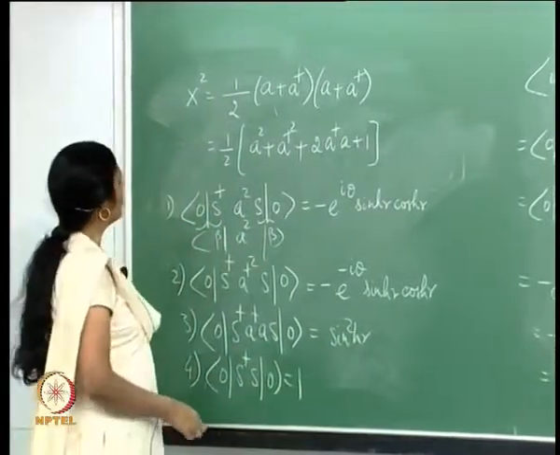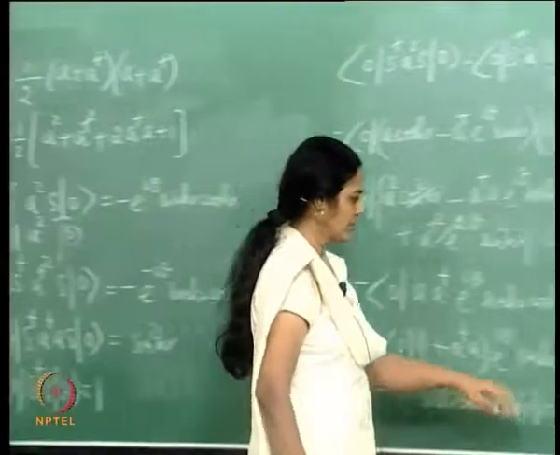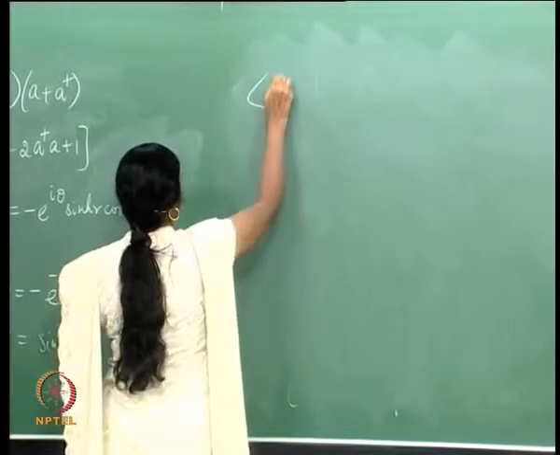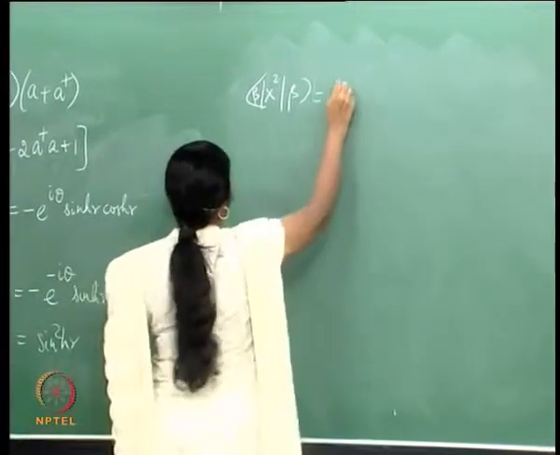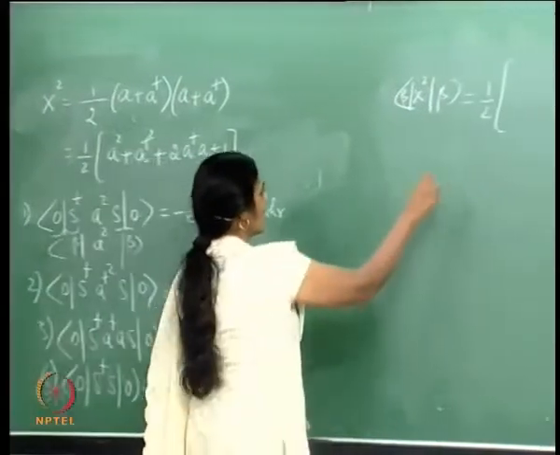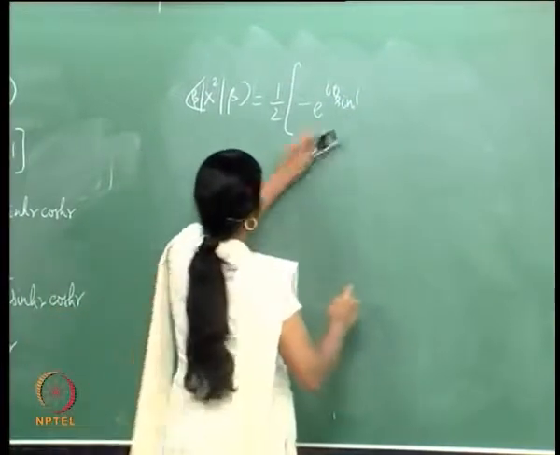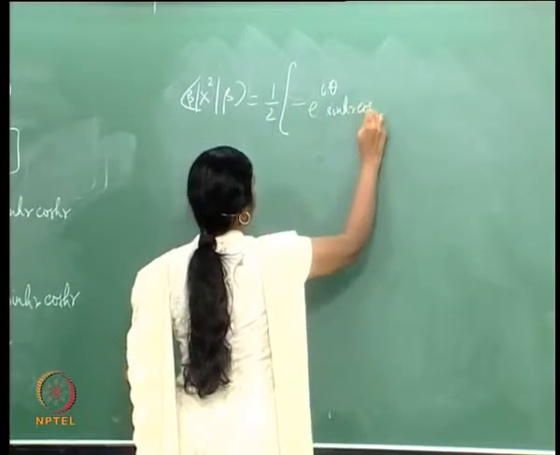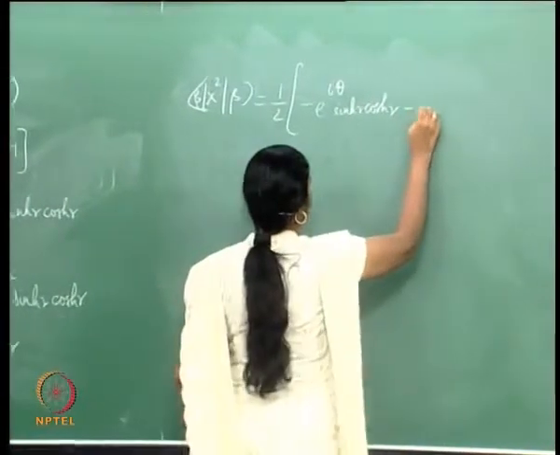All we need to do is resubstitute these in x² and find out the expectation value. So let us look at what is expectation x². Expectation x² in the state β is what we are out to find, and that is half of expectation A², which is minus e^(iθ) sinh r cosh r, minus e^(−iθ) sinh r cosh r.